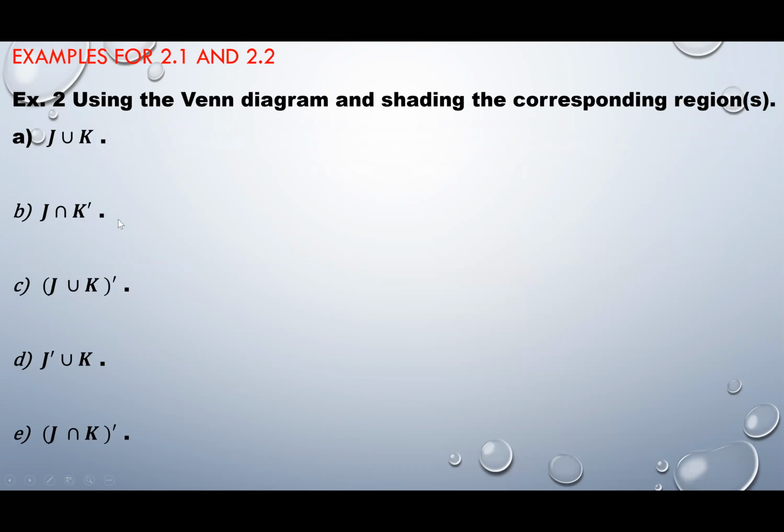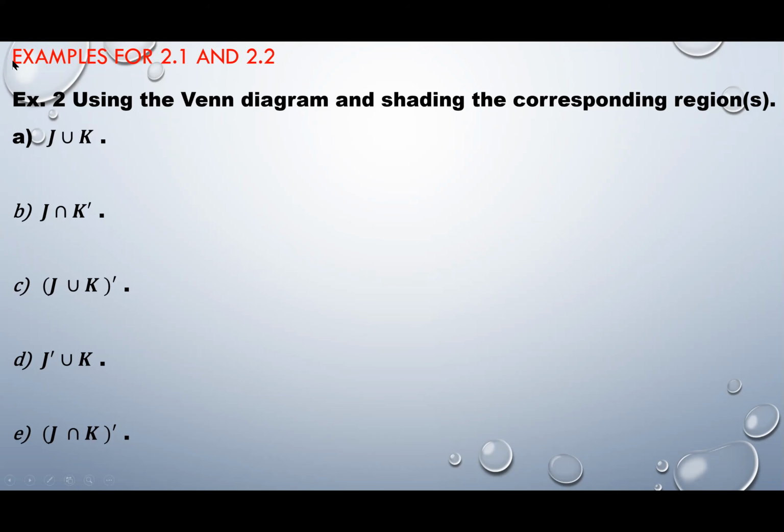Instead of listing each element out like what we did prior to this PowerPoint, this one asks you to shade the corresponding region, right? So in this way, you can visualize your item, and whatever elements are in that item will be your answer in your listing item, okay?